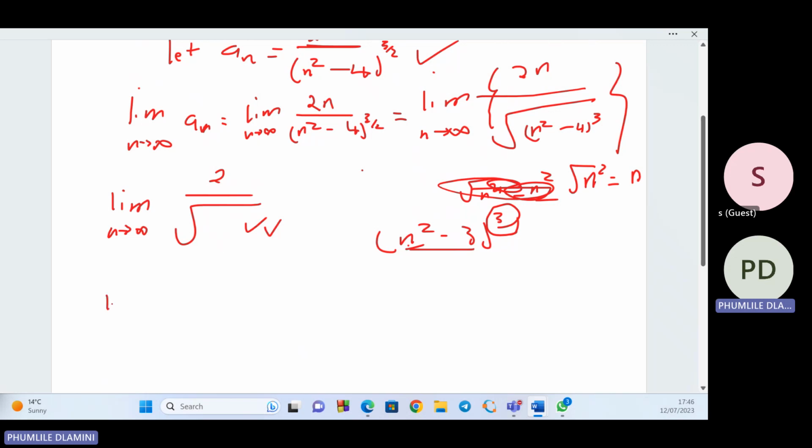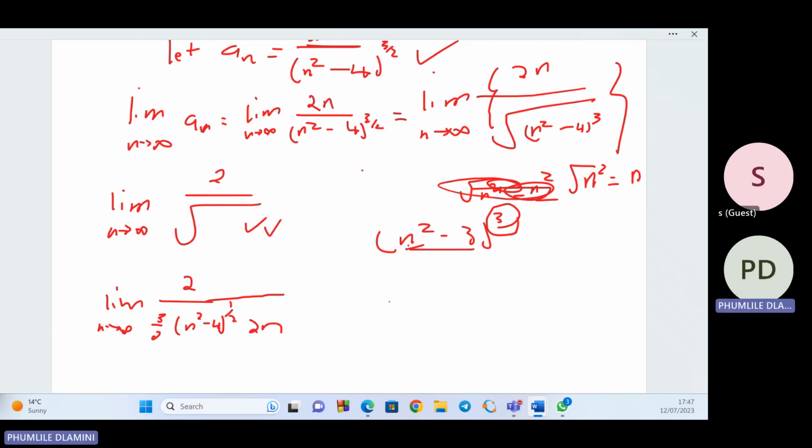So it's the limit as n approaches infinity of this: we differentiate 2n, which is 2 over, and when we differentiate this one, we take 3 over 2 down, then n squared minus 4, and 3 over 2 subtract 1 gives 1 over 2. And we differentiate what is inside, which gives 2n.